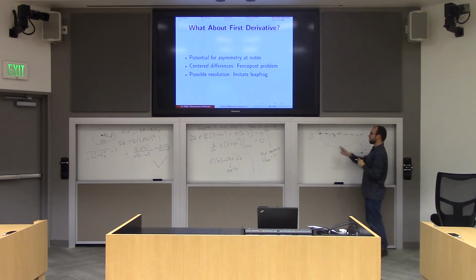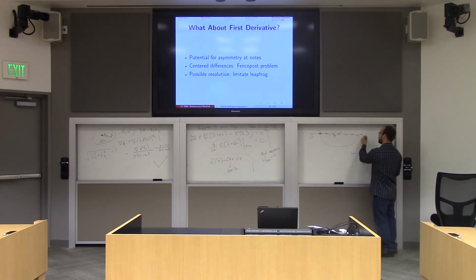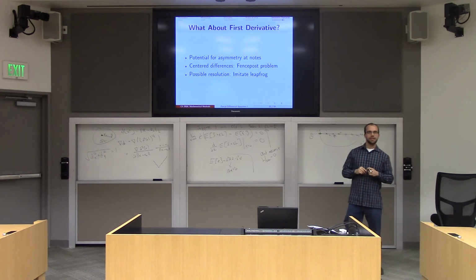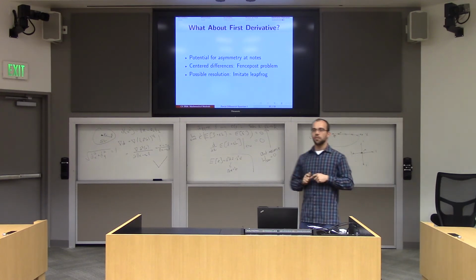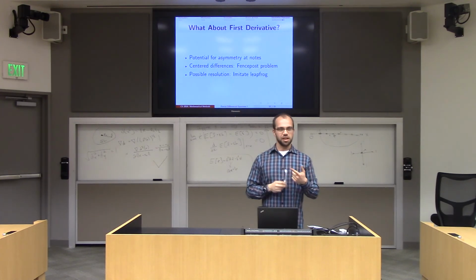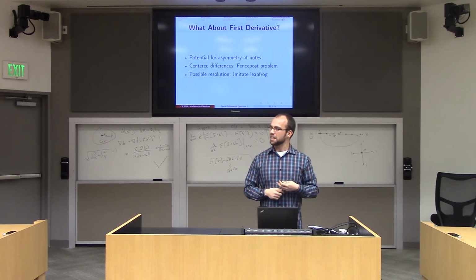But that would create something asymmetric. So let's say that I took a right-hand derivative. Then I would need a boundary condition over here, but I wouldn't need a boundary condition over there. That's a very fishy story. So there's something kind of weird about first derivatives. Maybe we'll return to that on Wednesday's lecture, and then we'll go through at least one elliptic, parabolic, and hyperbolic PDE and solve it.